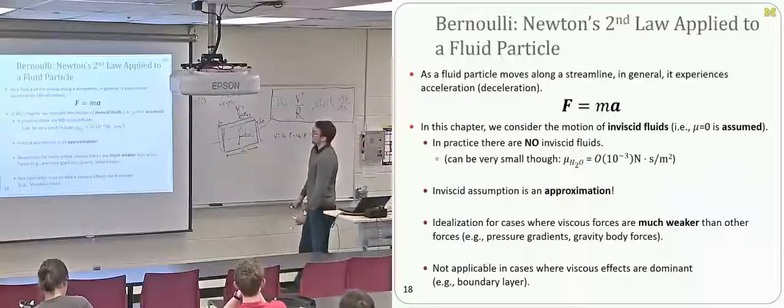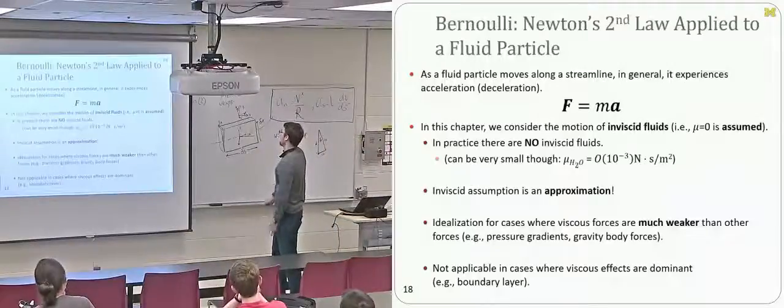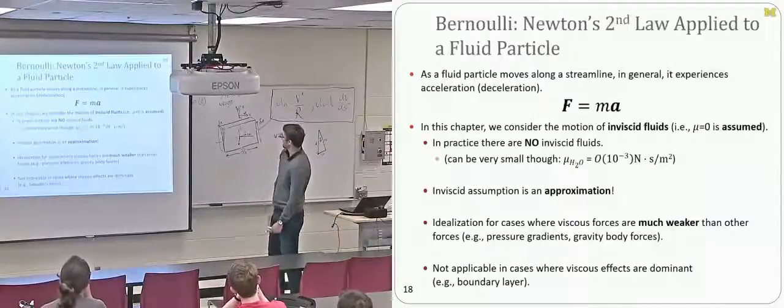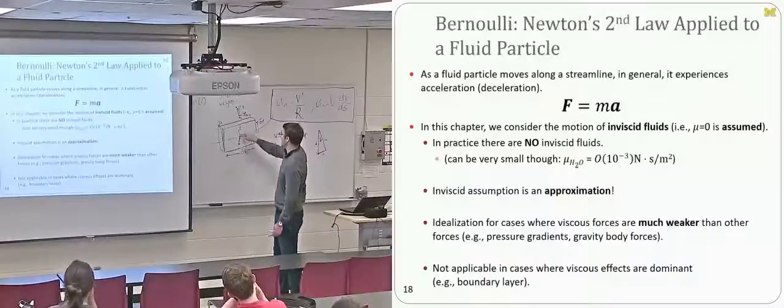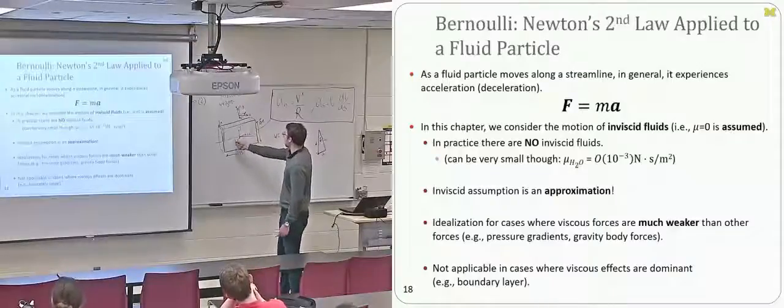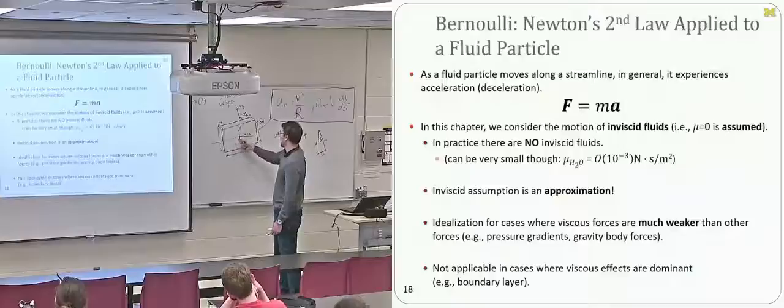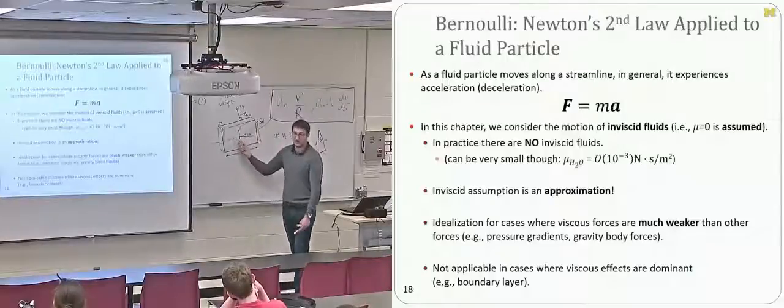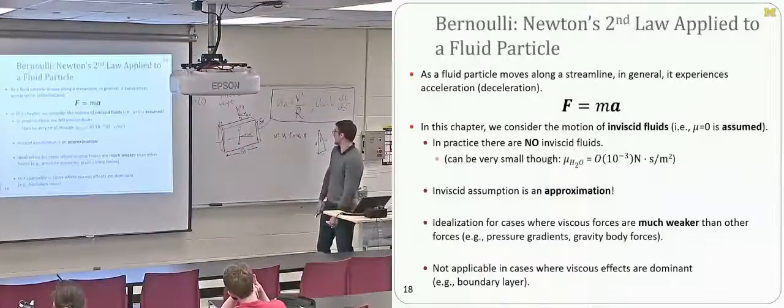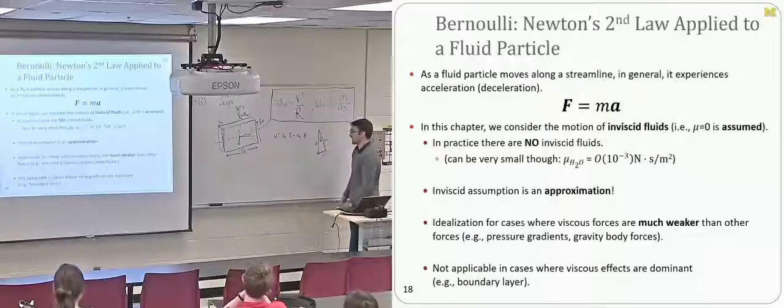So let's pick a direction to concern ourselves with first. Actually, in the next lecture we're going to be doing motion normal to the streamline. So right now, let's constrain ourselves to only the forces that are occurring along the streamline itself. So what component of weight is going to be directed along the streamline?